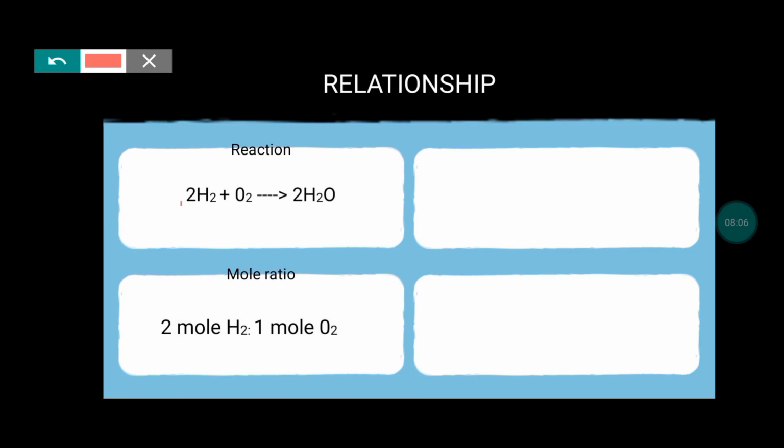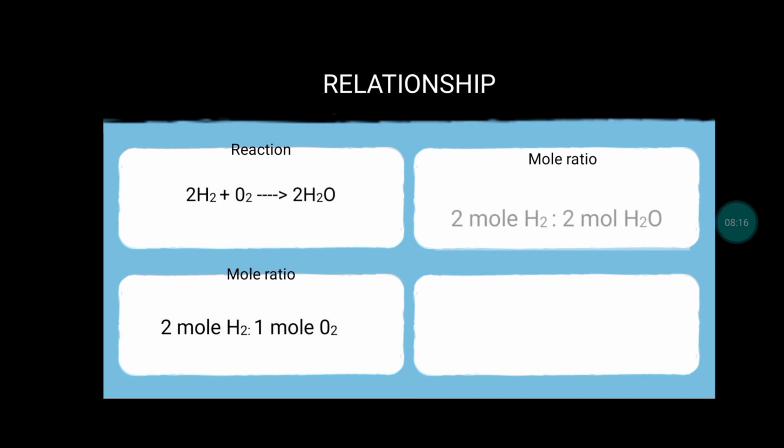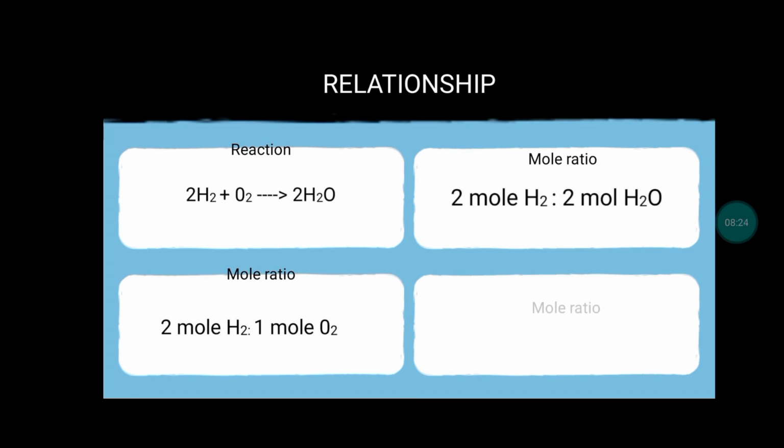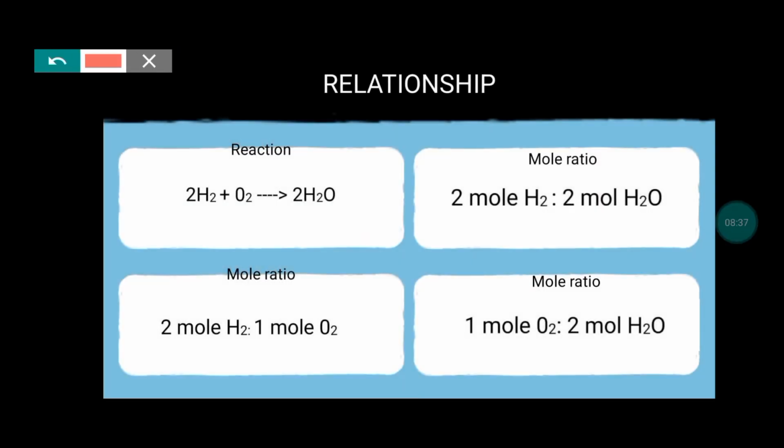So, here, 2 moles of hydrogen per 1 mole of oxygen. Next, 2 moles of hydrogen is needed to produce 2 moles of water. And lastly, our last mole ratio is 1 mole of oxygen is needed to produce 2 moles of water. We just need to look at our balanced equation para malaman natin kung ano yung mga mole ratio.